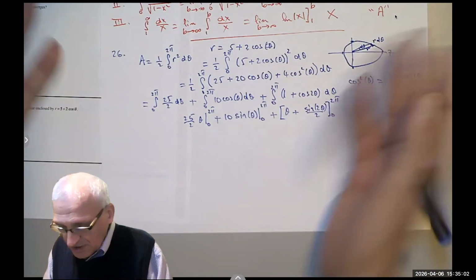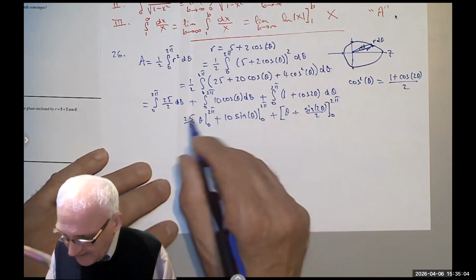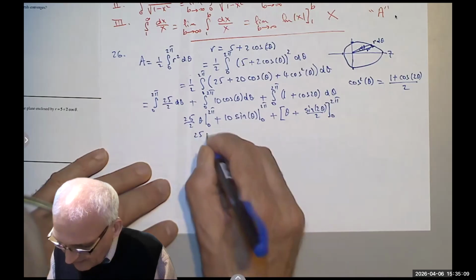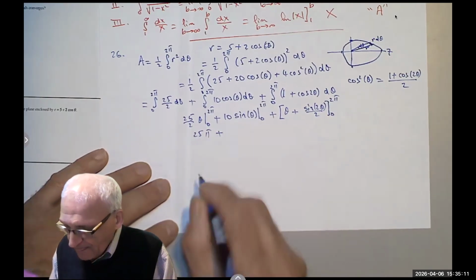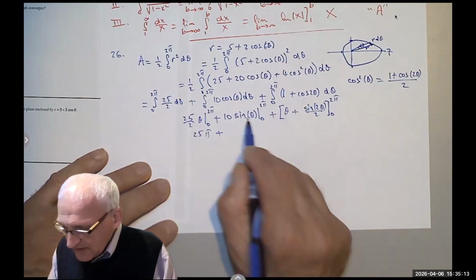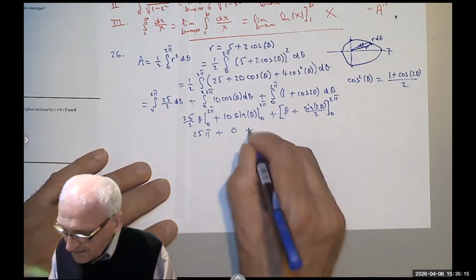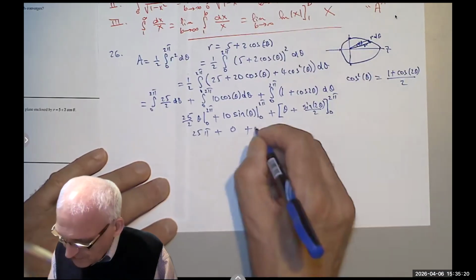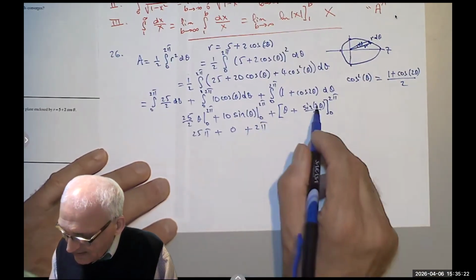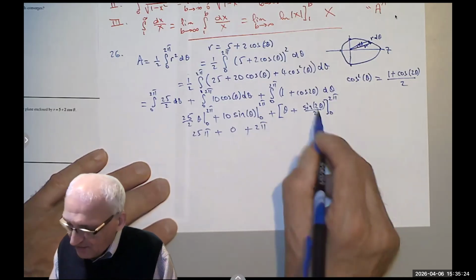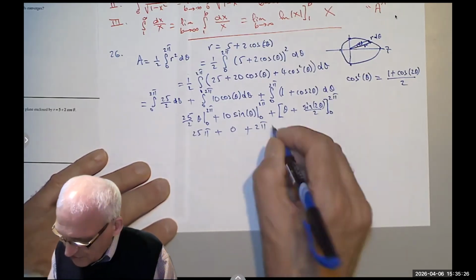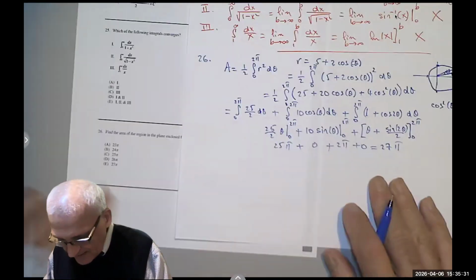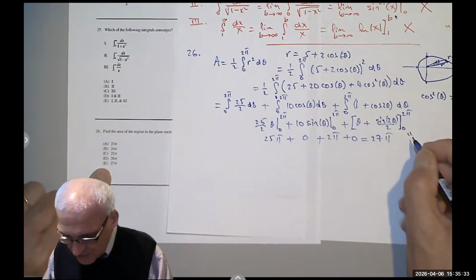So I only need to evaluate at 2 pi. So 25 over 2 times 2 pi, the 2 and the 2 cancel, and you get 25 pi. Plus, sine 2 pi is 0, sine 0 is 0, so this is 0. The theta, when you evaluate it, you get 2 pi, and then sine 4 pi is 0, and sine 0 is 0, so plus 0 equals 27 pi, and that's E, the last one.